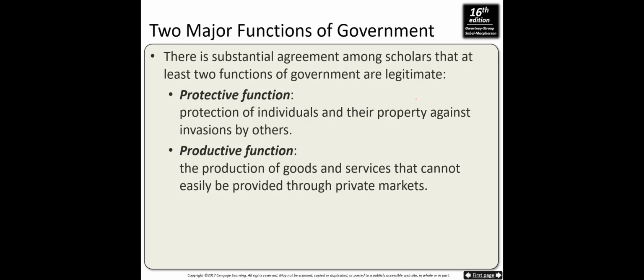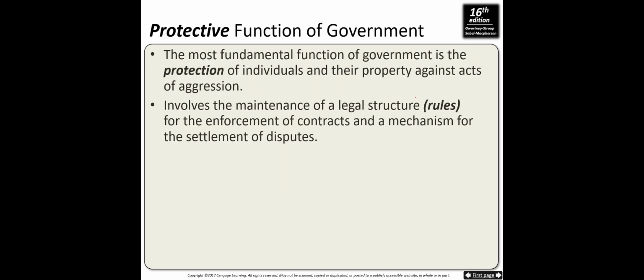What is the productive function? It's the production of goods and services that cannot easily be provided through private markets. It doesn't say that government produces most of the things or almost everything. It says that goods and services that cannot easily be provided through private markets. The most fundamental function of government is the protection of individuals and their property against acts of aggression.